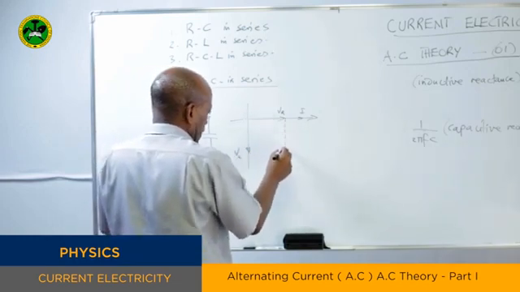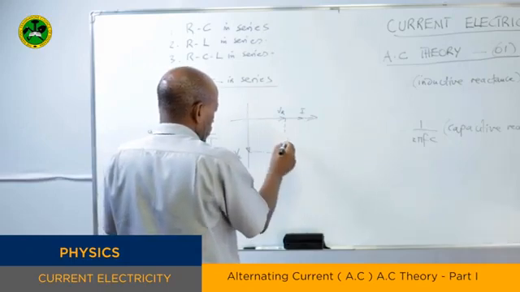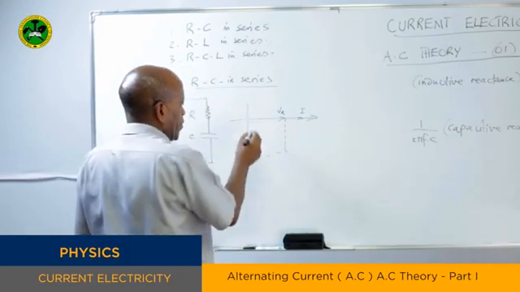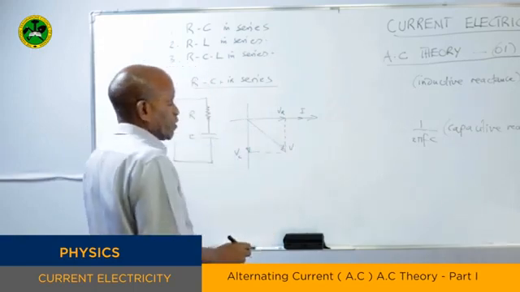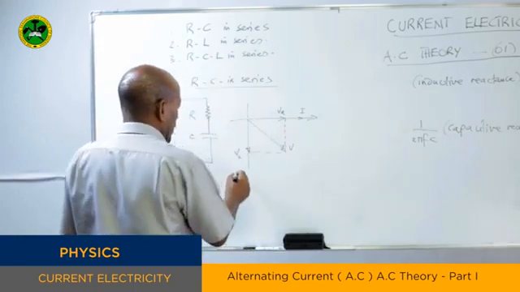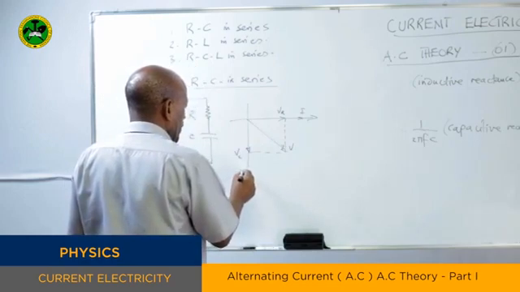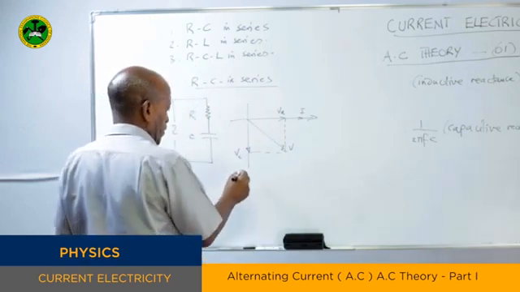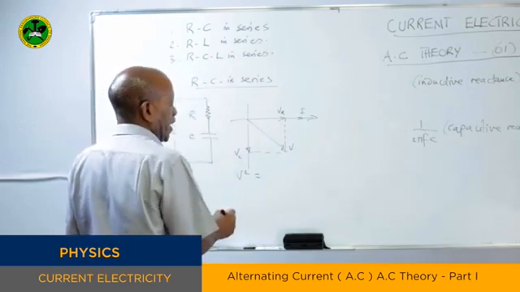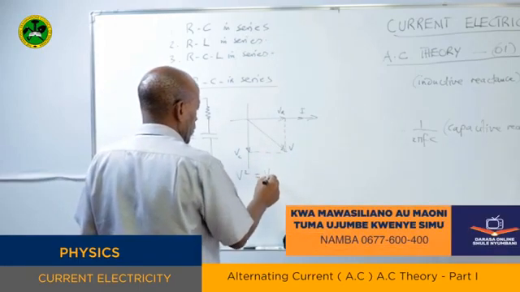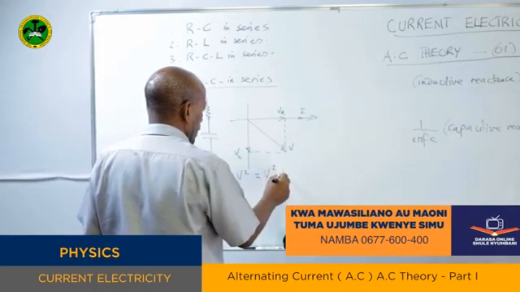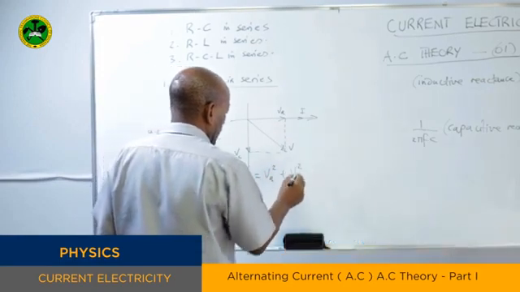To get the resultant, we use the Pythagoras theorem to get the applied voltage V. So V squared is equal to the voltage through the resistor squared plus the voltage through the capacitor squared.